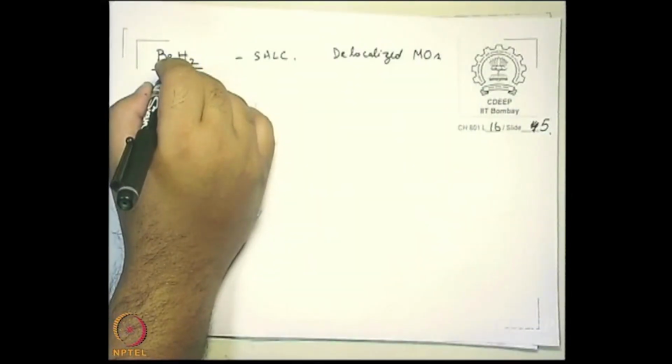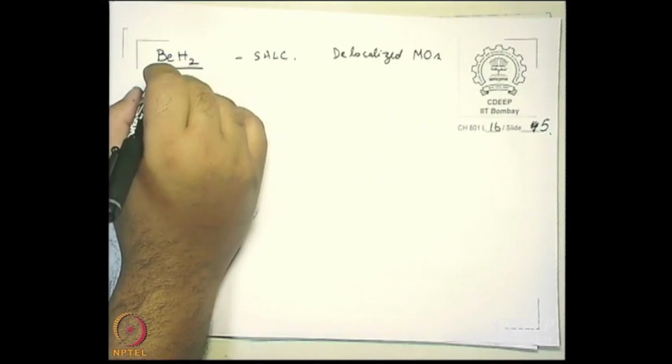So we better use the strength to the maximum extent possible. Fine. So what we do is, first of all, we think what are the pendant atoms and what is the central atom. In this case, BeH2, Be is the central atom, right? And the hydrogen atoms are the pendant atoms. You know what is the meaning of pendant?